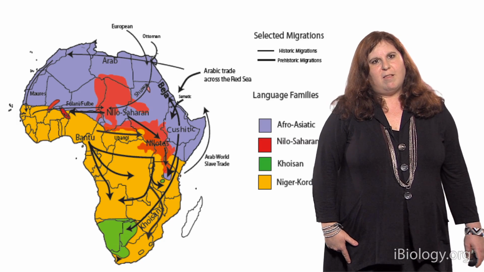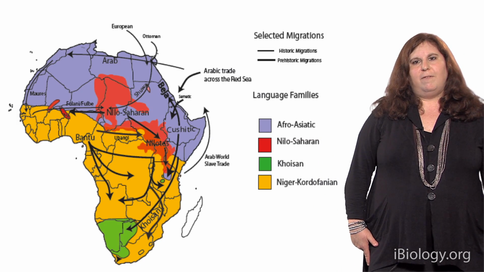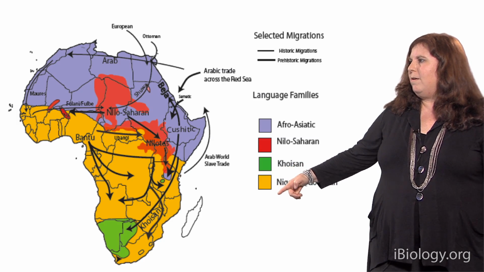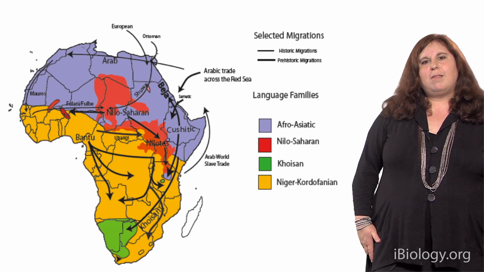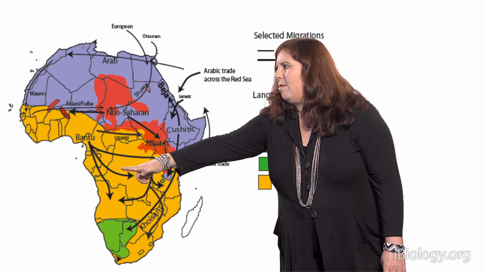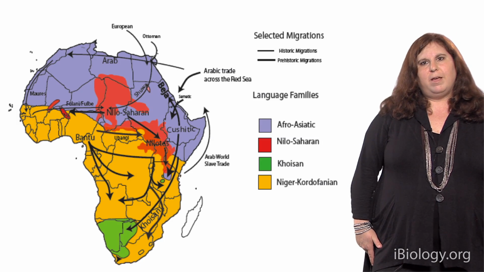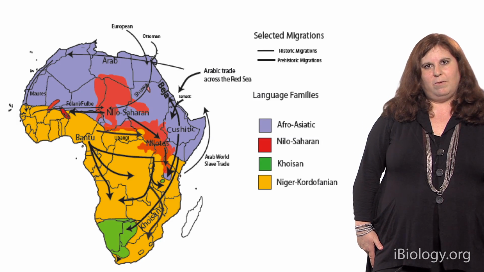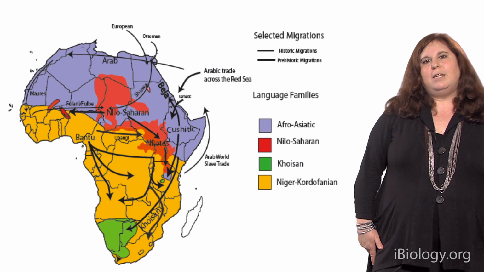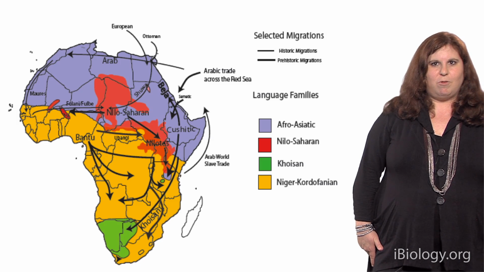The most broad spread language family consists of the Niger-Kordofanian languages shown in yellow or orange here. And the most common subfamily is the family of Bantu languages. Now, those are thought to have originated in Cameroon or Nigeria around 5,000 years ago, together with the development of iron tool technology, which led to much better methods for practicing agriculture.